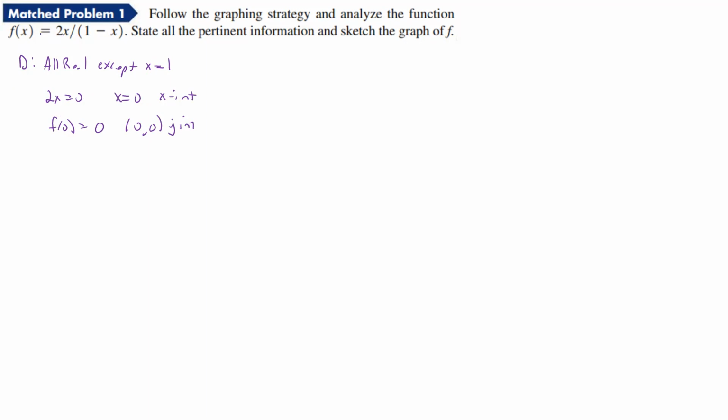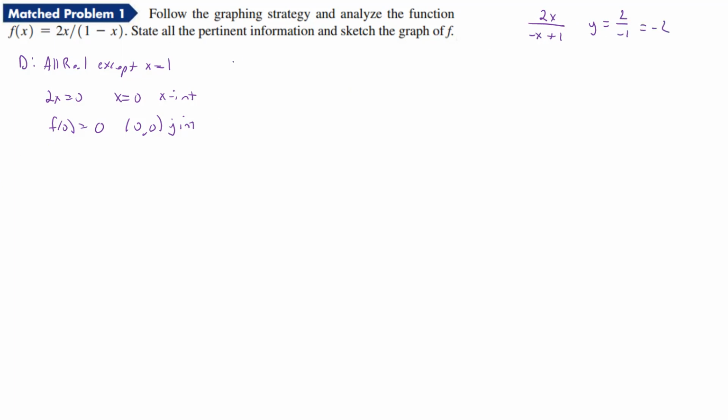Now, asymptotes. Here we have to go back and remember, we're looking at the power. So we rewrite this as 2x over minus x plus 1. They both have power of 1. So since they're equal, our y equals the values in front, 2 over negative 1, which is negative 2. That's going to be our horizontal asymptote.